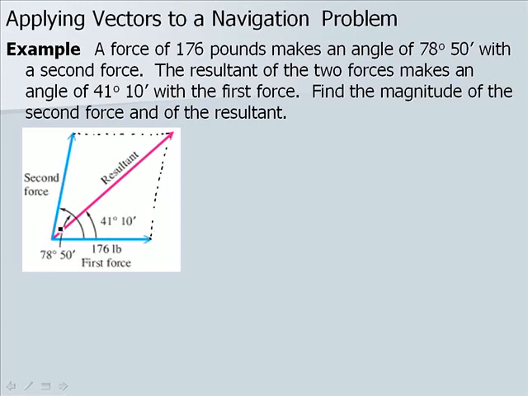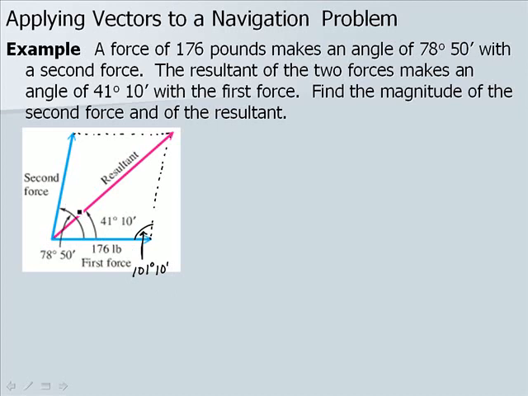Now, remembering that our adjacent angles are supplementary or add up to 180 degrees, we can simply take 180 degrees minus 78 degrees 50 minutes to get our angle here, which is 101 degrees 10 minutes.